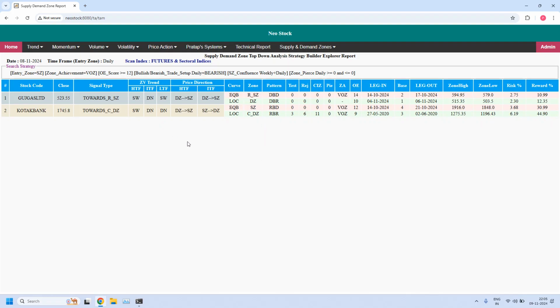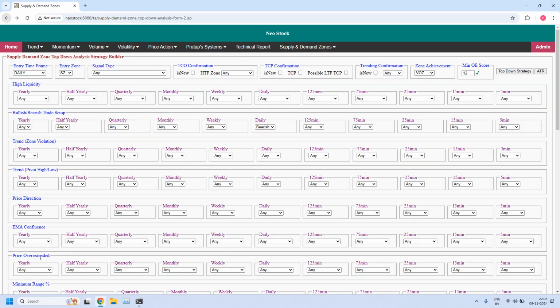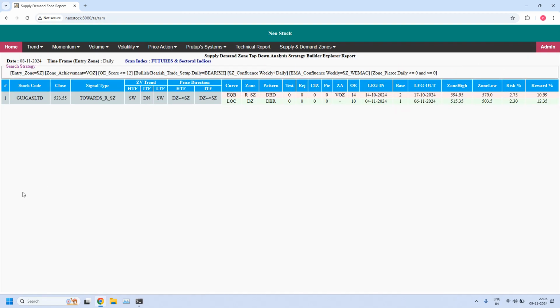And weekly trend is down. If any of these weekly supply zones have weekly EMA confluence, they are even more high probability trade setups. Let's verify. In the EMA confluence, weekly time frame, weekly supply zone with weekly EMA confluence, we got 1 stock. This is an even more high probability setup stock based on LTF and ITF supply zone confluence.